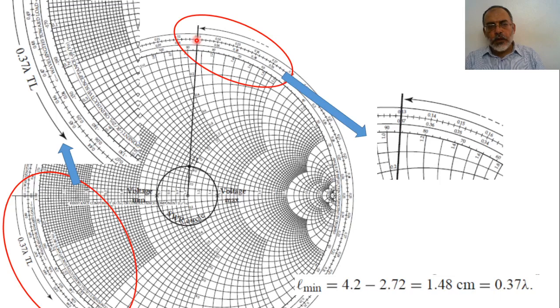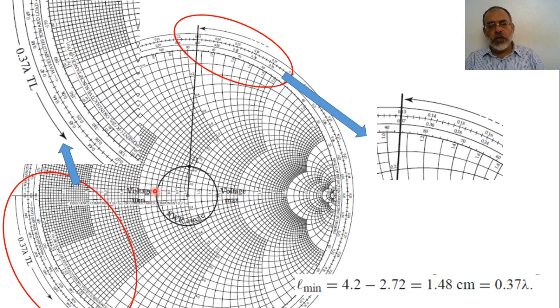And then from this point, I am extending a line from this point to the center of the Smith chart. The intersection of this line with the constant gamma circle will correspond to Z load. If I know that this is Z load, and I am moving from Z load the distance L minimum, I reach this point. Okay? So the starting point here, I'm starting from the location of the minimum.